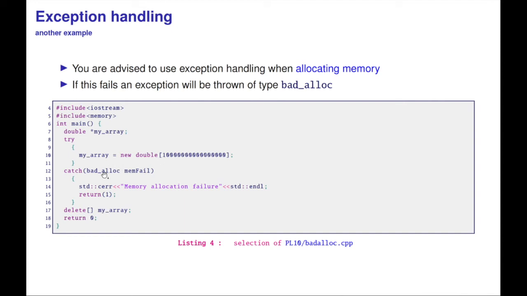So at that point, I would get a memfail, and I could just say standard cerr memory allocation failure, return 1. That makes a lot of sense. I can delete my array even though it's a null pointer. That would be fine. By this point, it's out of the code anyway, so this will only get executed if the memory is allocated.